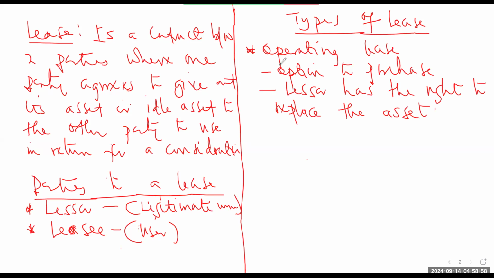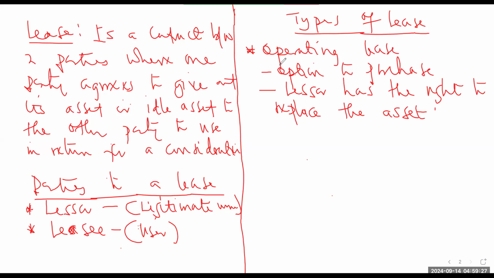So you'll be seeing a question like, the lessor has the right to substitute the assets. Okay, if you have issues where the lessor has the right to substitute the assets, that is an operating lease. Because for the finance lease, the risks and maintenance have been transferred to the lessee. But if you have an arrangement where at any point in time after 2 years, the person will come and replace the asset for you and give you a different one, that's an operating lease.